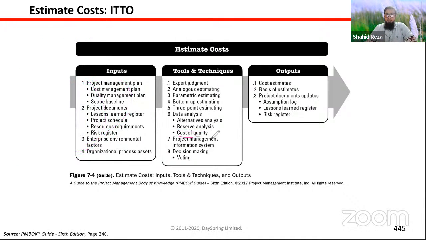Next is cost of quality. This is very important. Cost of quality means what? Quality is not free. The same building, one building can be created by spending 1 crore taka or 5 crore taka. The same building can be built using 100 crore taka, because of the quality, the features, the functionalities, the materials.